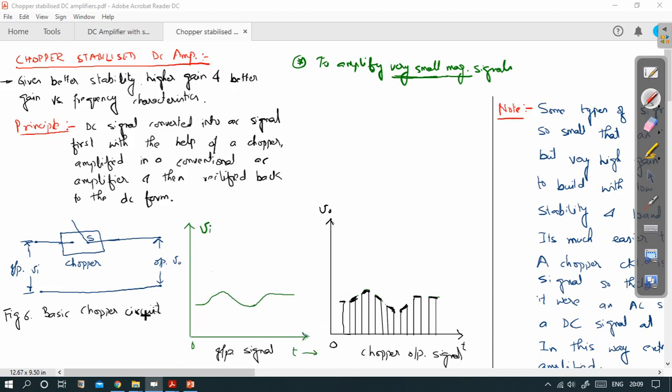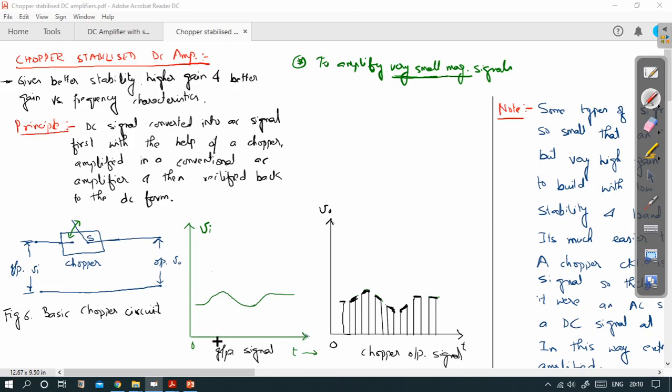Okay, so look here. Suppose this is the input signal Vi, and the chopper can be a simple switch, which will just close and open, close, open, close, open, alternately. So what happens when it is closed? The signal passes.